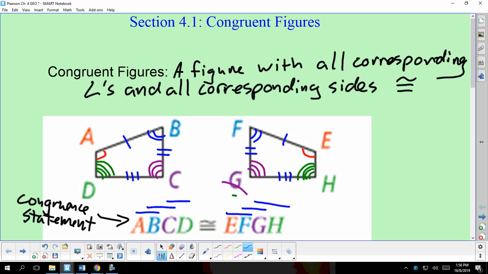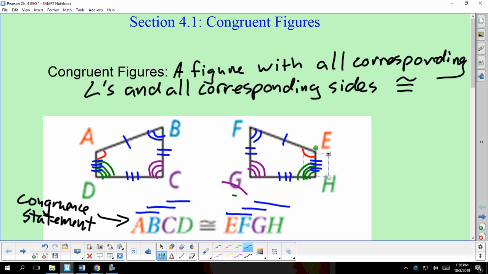And once we get to the end, we're going to overlap. So DA, the last and the first, is congruent to HE, the last and the first on that. So there we go, two congruent figures, using a congruent statement.